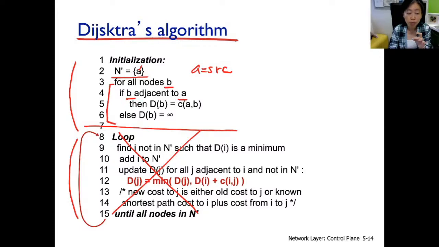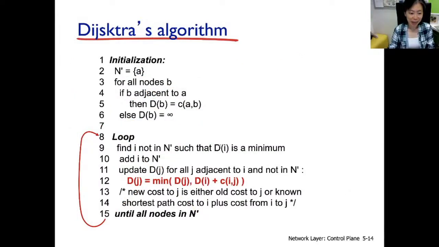If it is, we've discovered a way to go to this particular destination, and the distance to it is the link cost between node A and node B. Now, if the node is not adjacent to A, then it's going to trigger this line here: no route has been discovered yet to this destination B, therefore the distance to the destination is infinite. From the description, you probably also see that in order to find all pair shortest paths, you need to repeat the Dijkstra algorithm providing a different source address.